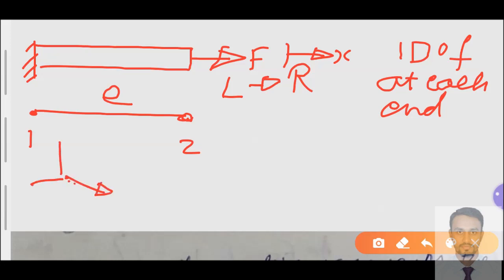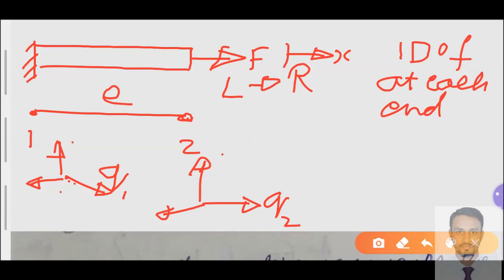So that means along the x-axis, along the y-axis, along the z-axis. Similarly, this is the Cartesian coordinate system that I have written. So in this the element has a single degree of freedom along the x-axis, q1 and q2. This will be equal to 0, this will be equal to 0, the rest of all displacements are equal to 0 at node number 1 and node number 2.